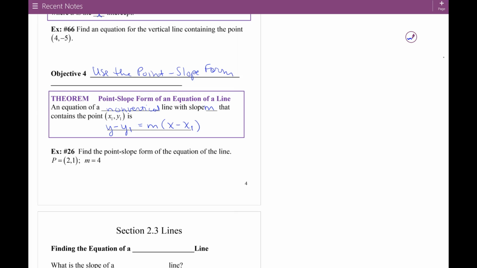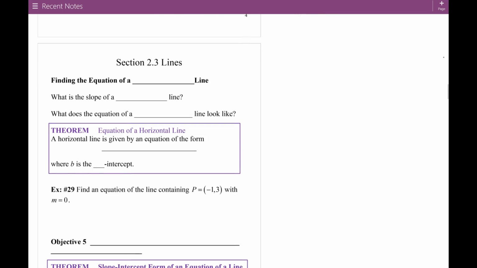And we call this the point slope form of the equation of a line. And this is actually the most useful one in calculus. So you really want to remind yourself about this one. We don't use it a lot in algebra, so sometimes people forget about it. And again, we'll do an example in class.